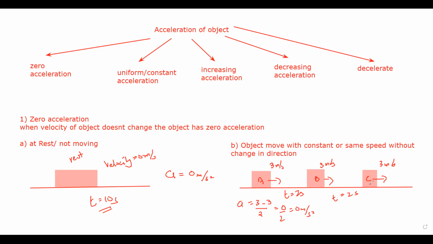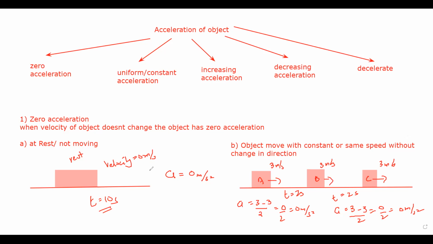Same way, moving from B to C, the initial speed is 3 and the final speed is 3. So 0 divided by 2 is also 0 meters per second squared. So when an object moves with a constant speed without changing direction, its acceleration is 0.